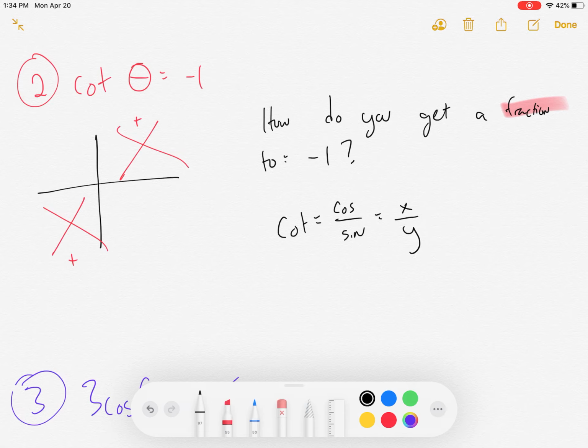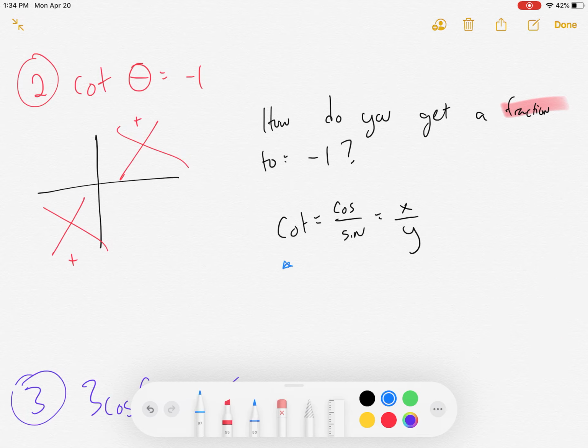Cotangent equals cosine over sine, which is x over y. So if you had an x over a y, when would you get a -1? Give me an example of a fraction that would give you -1. Well, an example would be like 7 and -7, or -6 and 6. Both of those would give you a -1.